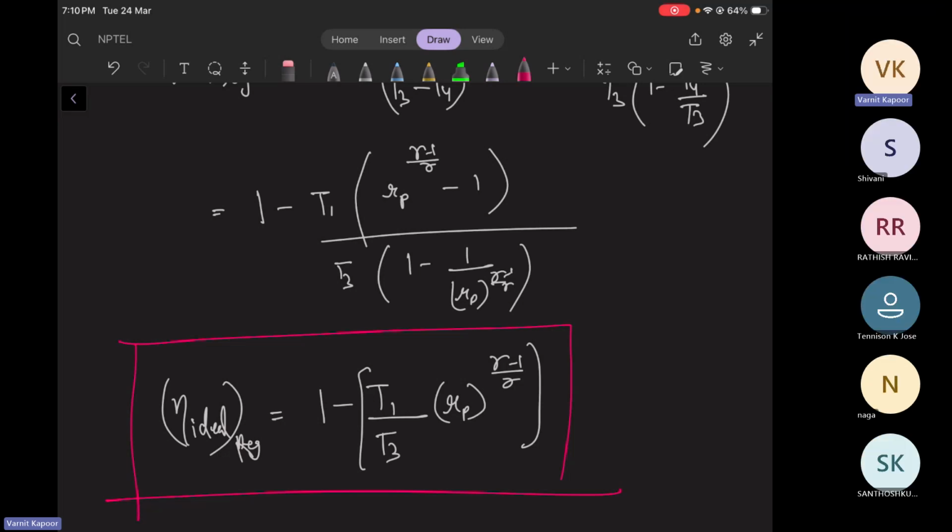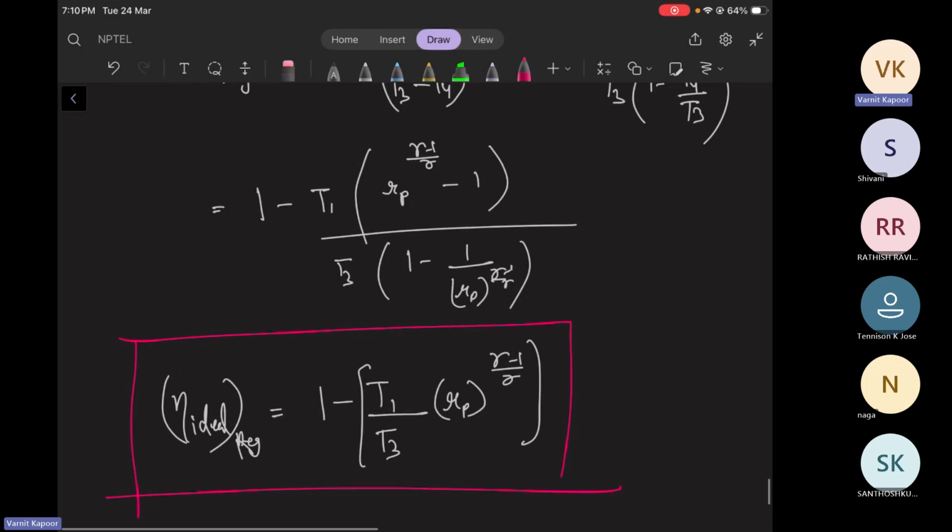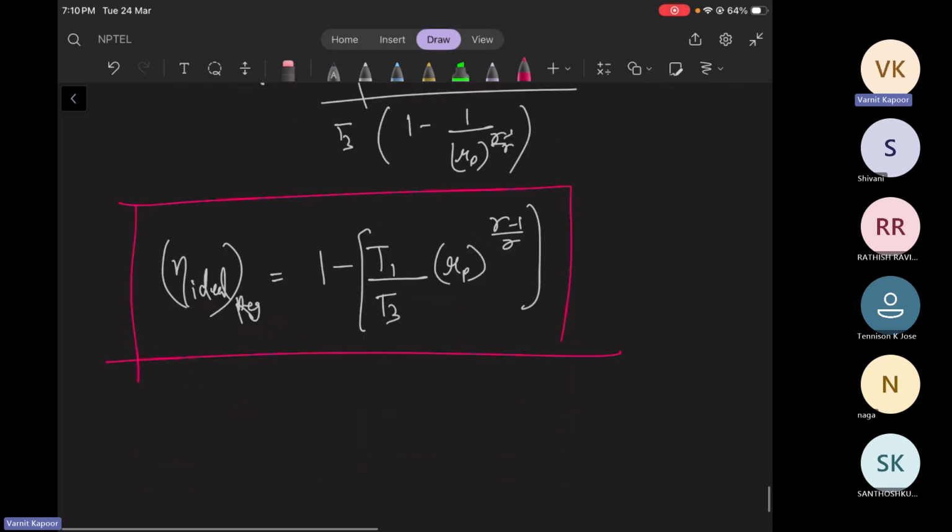So let us see how we can increase the efficiency. The efficiency is dependent on T1, T3, Rp, and gamma, these 4 parameters.